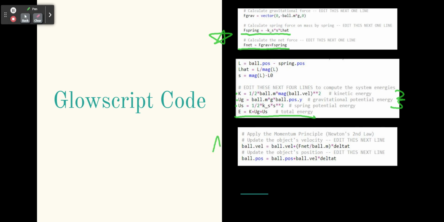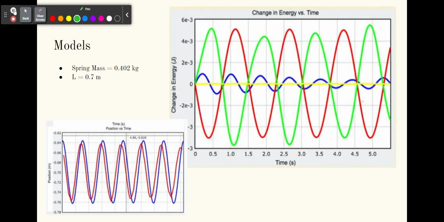In this block of code, we can see the updating formula for velocity here and position here. This is going to be what we see in our video whenever we run our code. On the graph to the right, we know that delta U is equal to the green line plus the red line indicated here.